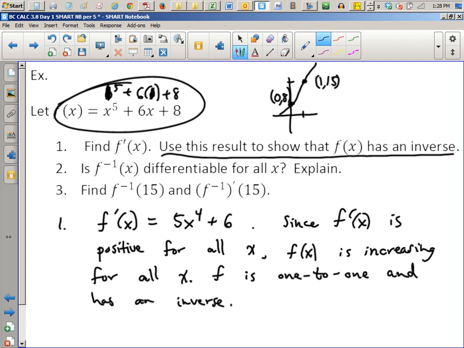Okay, question? You said 1-to-1 means that for every x there's 1 y, and for every y there's 1 x. That's correct. So if you plug in like 2 and negative 2, you get the same thing, right? Into the derivative. Oh, you're talking about the original one? The original function has to be 1-to-1 in order for the function to have an inverse.